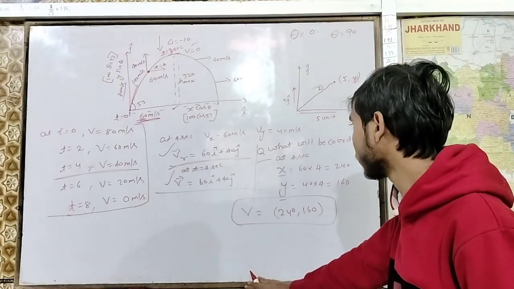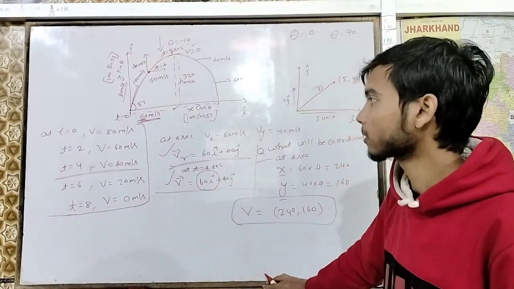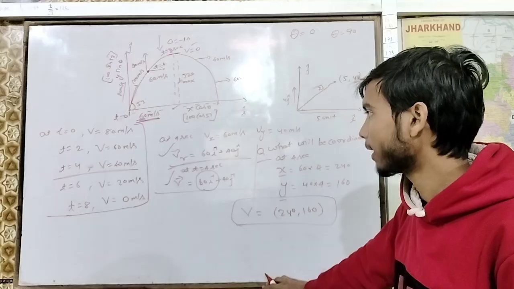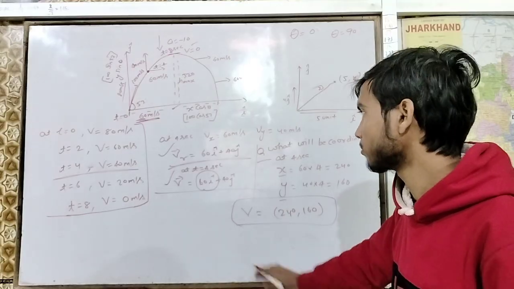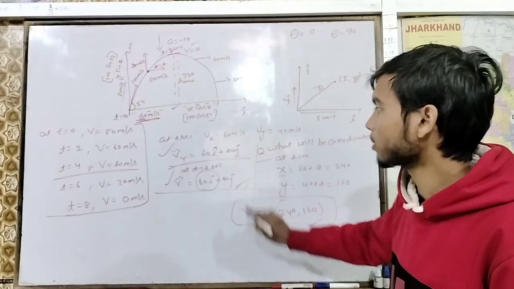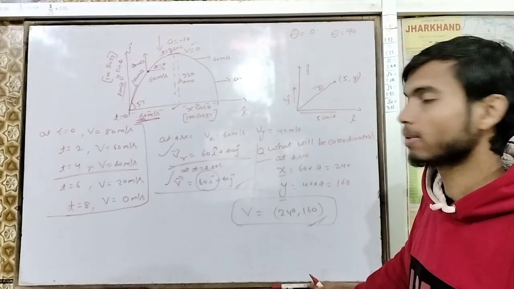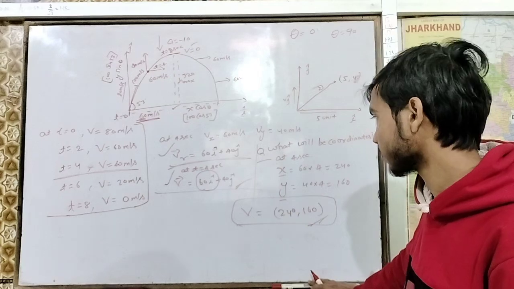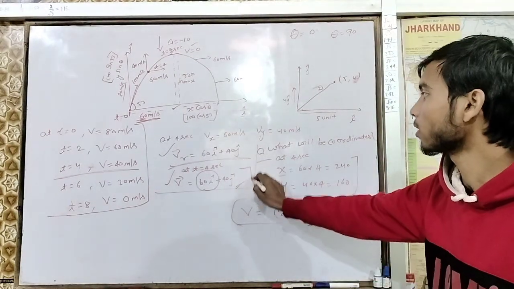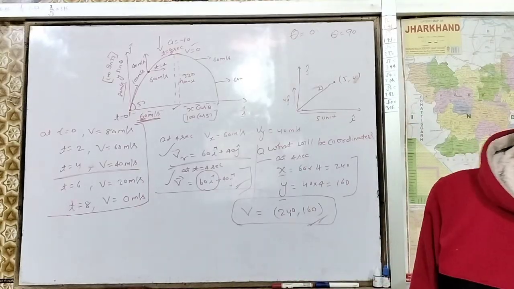But in the language of vector we say 60 units i cap and 40 units j cap. Both are different. This is a sum of vectors and this is a coordinate. That's why we say both are not the same. That is how you will calculate coordinates, the location of any point.